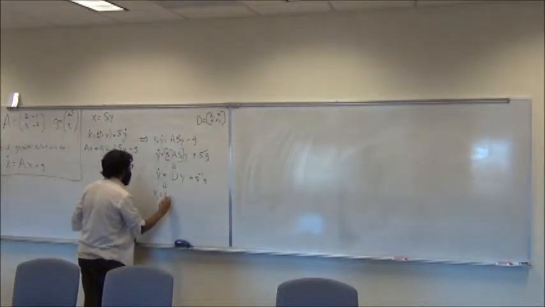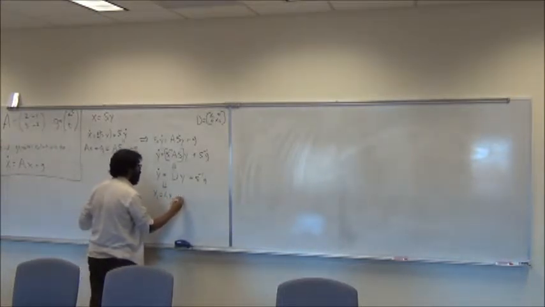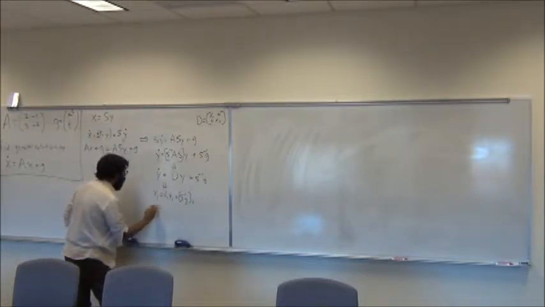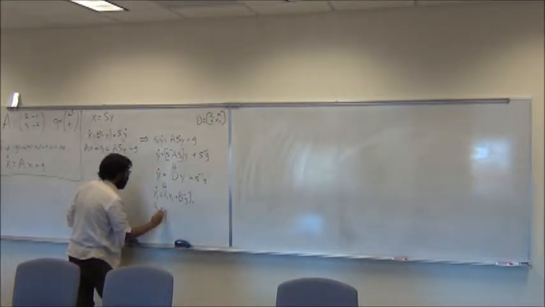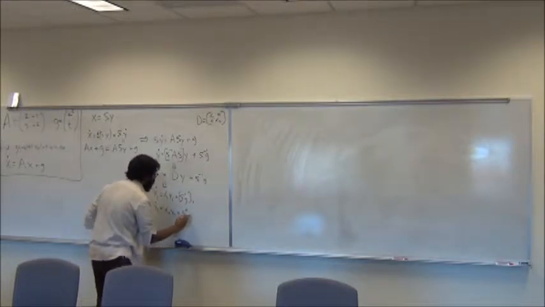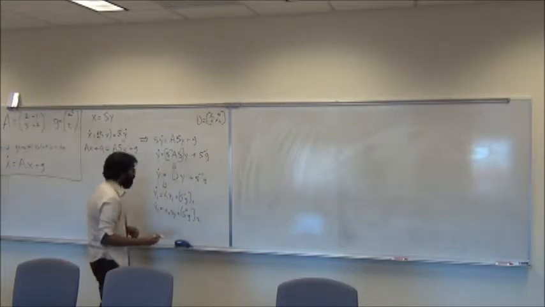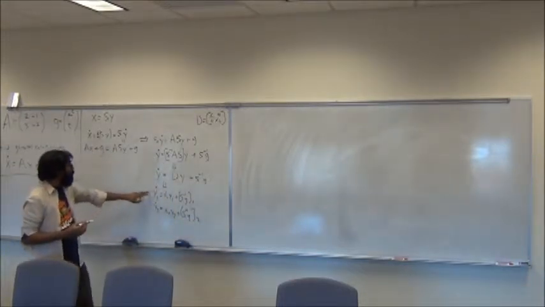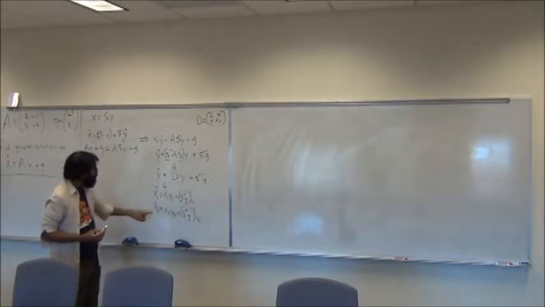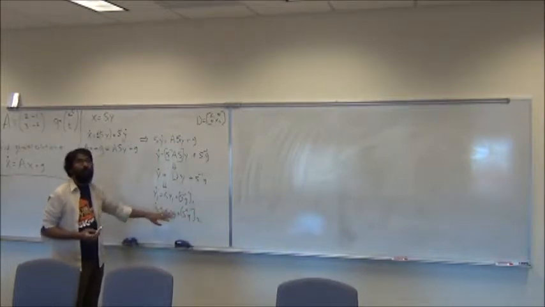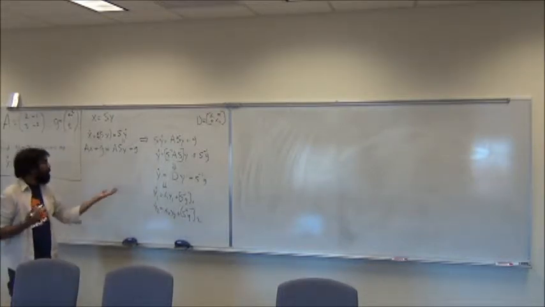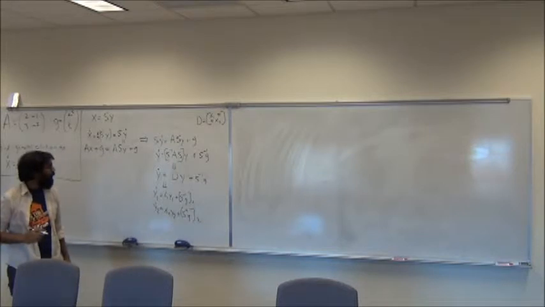Then y1 dot is lambda 1 y1 plus the first component of S inverse g, and y2 dot is lambda 2 y2 plus the second component of S inverse g. So this differential equation depends only on y1 and not on y2, and this one depends only on y2 and not on y1. These two are decoupled, and we can solve them separately using methods you learned in your previous class.